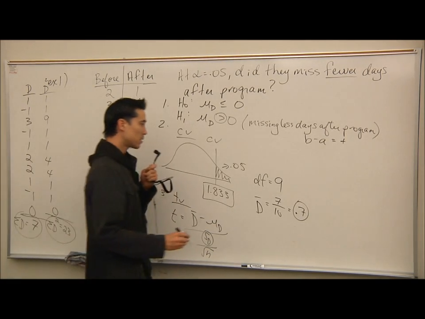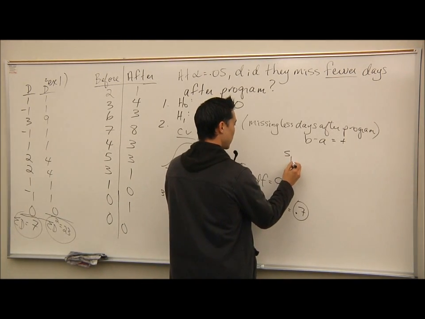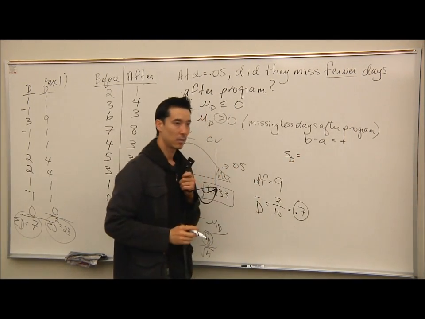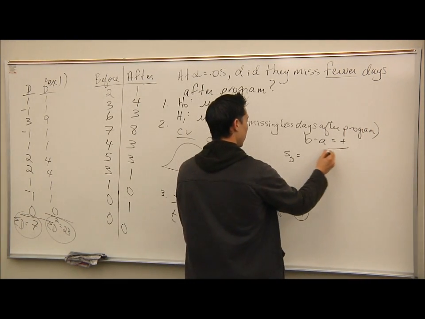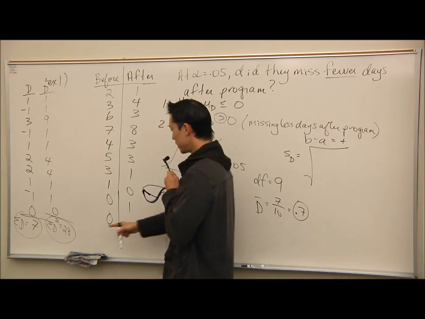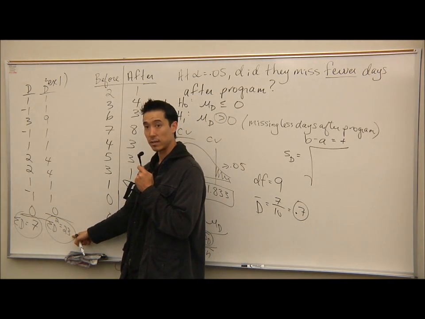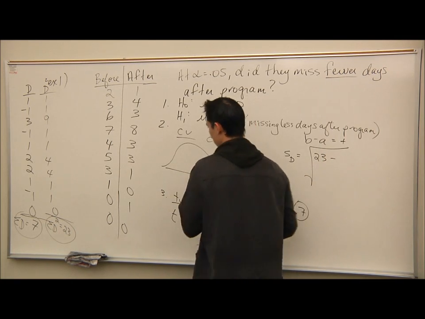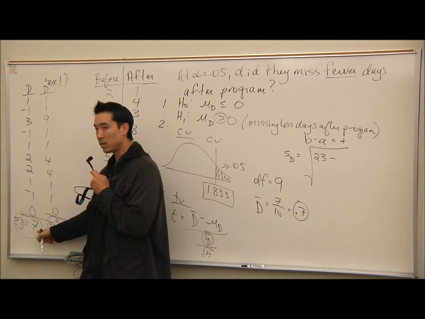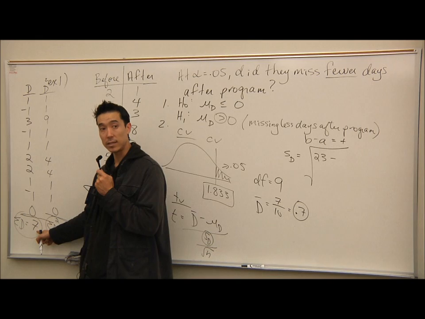And then I'm going to come over to the side of my paper, and I'm going to work out S sub d. Okay? S sub d is the square root of the summation of the d squared, which is 23. So that's my first number. Minus summation of the d, which is 7, quantity squared.